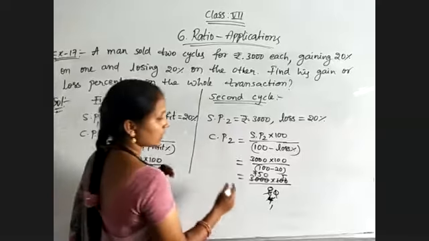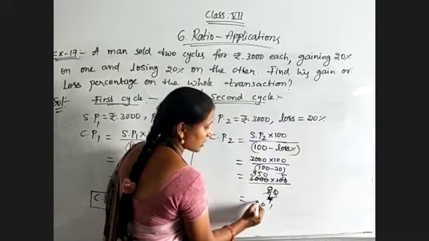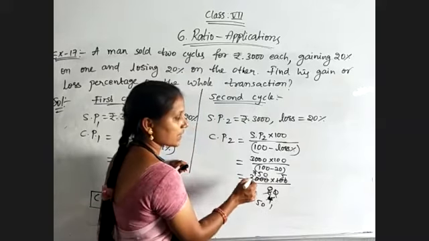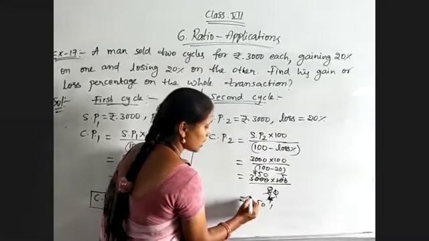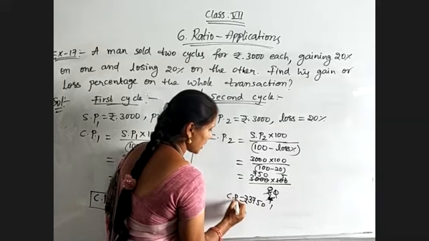Okay, then we will see how much amount we will get. 5 into 0 is 0, 5 fives are 25, 5 sevens are 35 plus 2 is 37. 3750 is CP2.